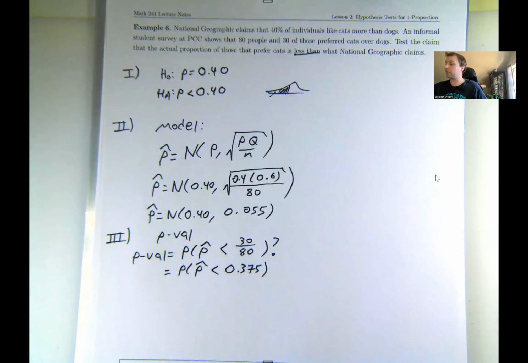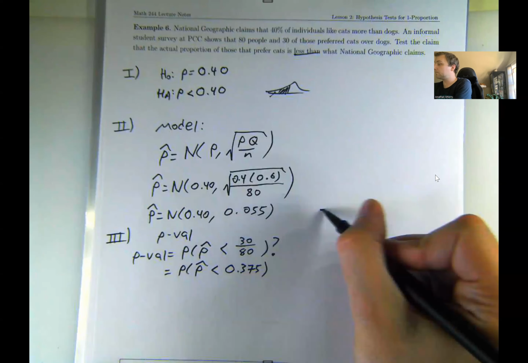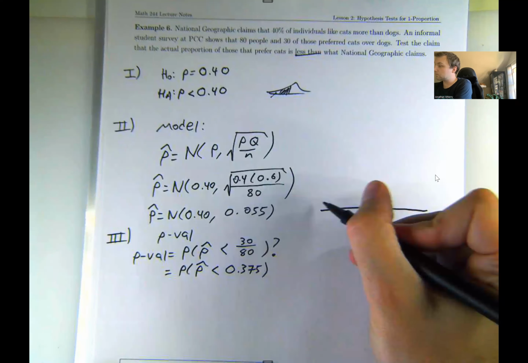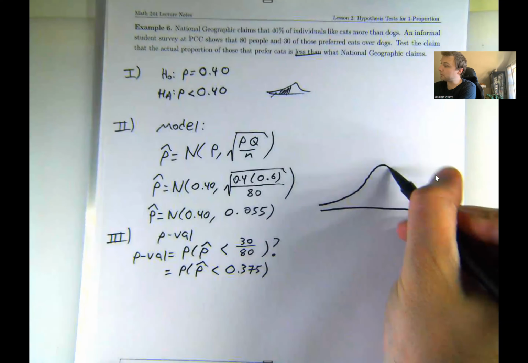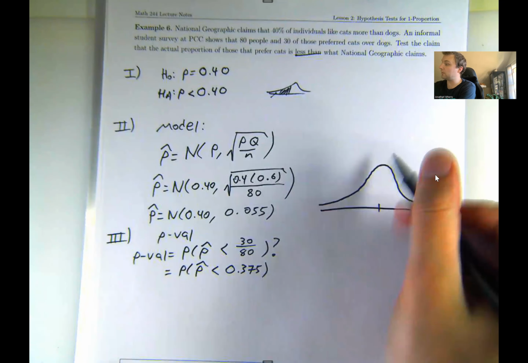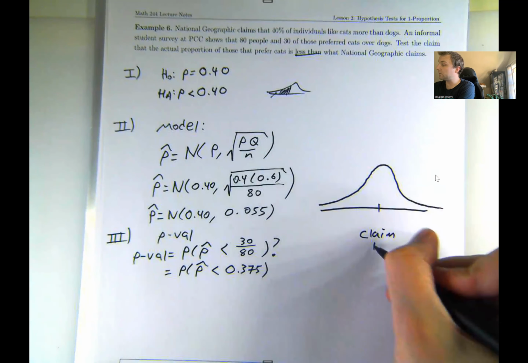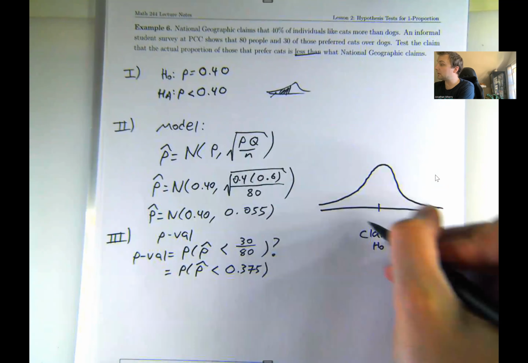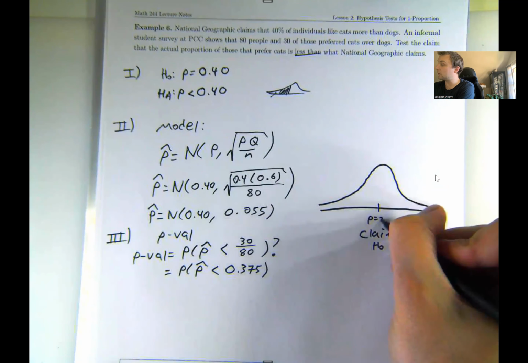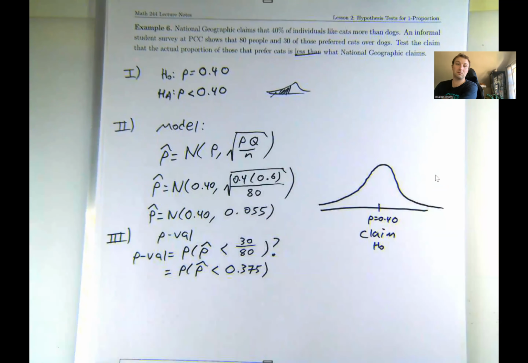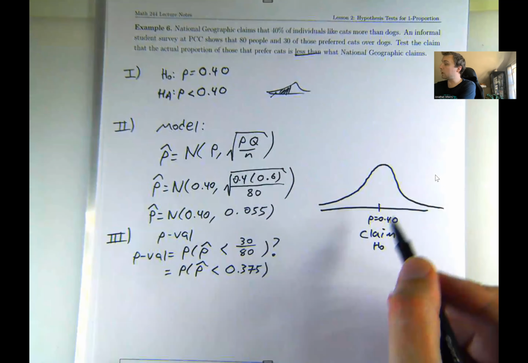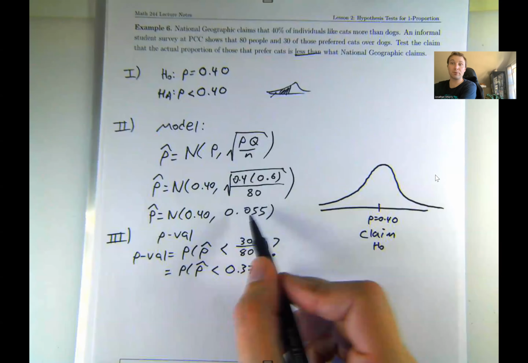So if I'm drawing a picture for what's going on here, in the center of the curve, you're always going to have the claim. That claim is going to come from the null hypothesis. In this case, the claimed value is 40%. If you were marking this thing, you would count by 5% or so.